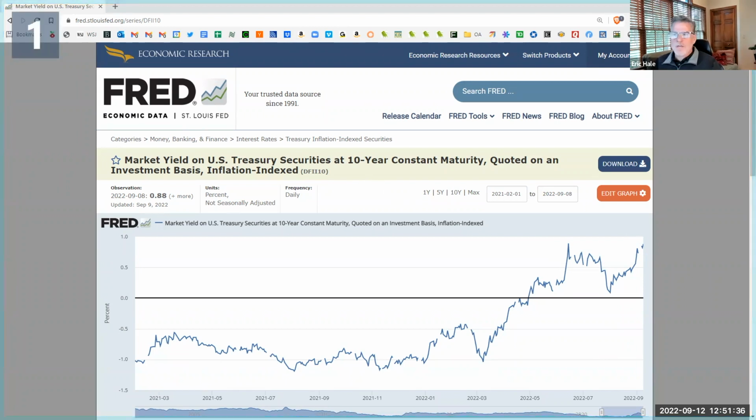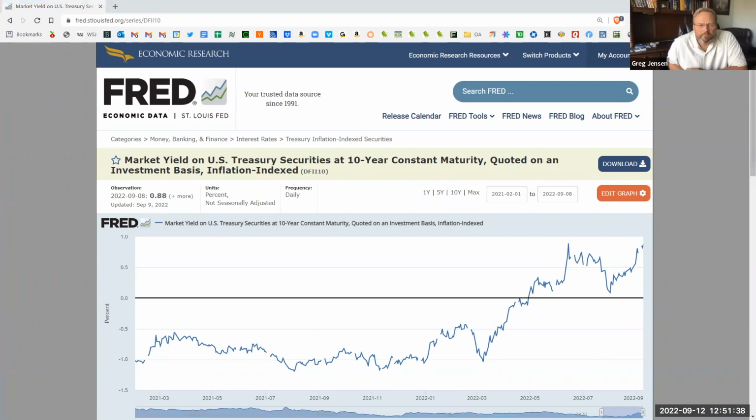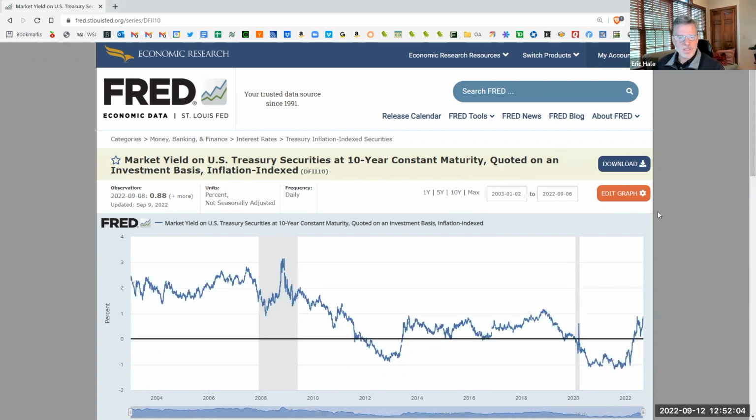So the treasuries can be an indicator of things that are going on in the economy, good or bad. Sometimes we can make predictions based on what's happening in the treasury market. And you probably hear a lot about the 10-year treasury being an important indicator. And here's the long-term chart.